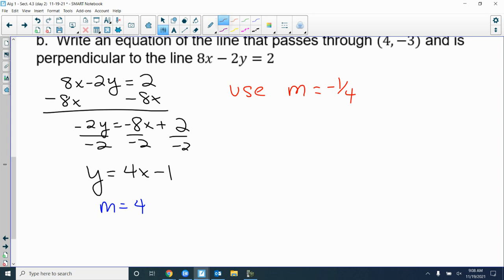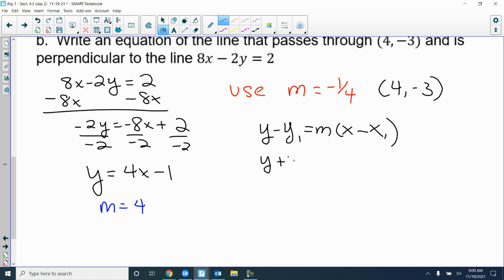I do know the point. The point is 4, -3. And then I get y minus y sub 1 equals m times x minus x sub 1, and I plug those in. Now y minus -3 becomes y plus 3.